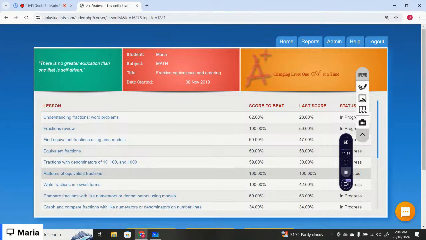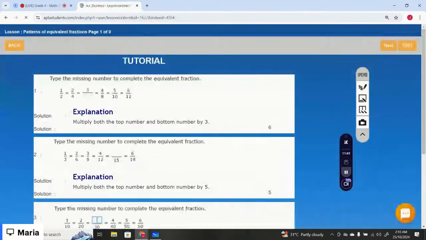Let's just start with the next lesson. Okay, type the missing number to complete the equivalent fractions: 1 by 2, 2 by 4, 3 by missing number, 4 by 8, 5 by 10, and 6 by 12. How do you find the missing number?